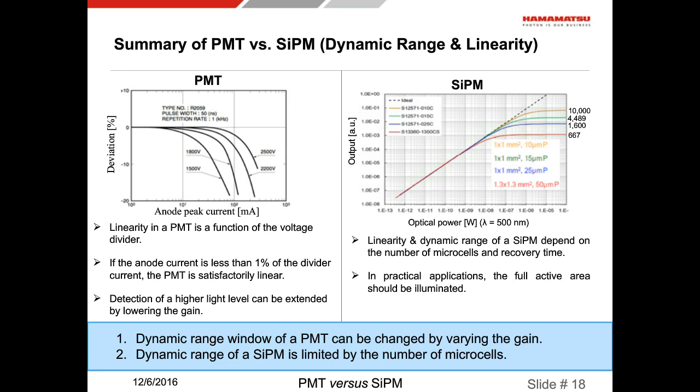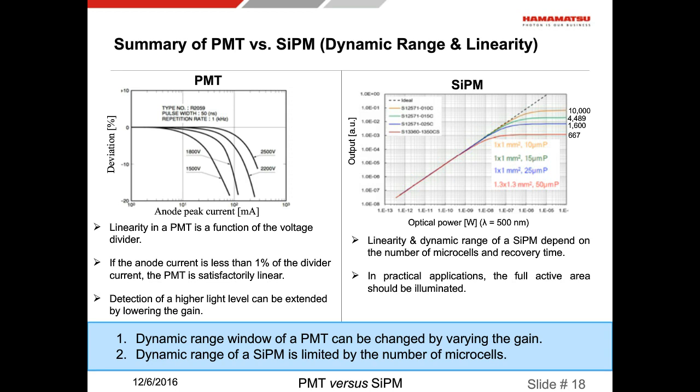In the case of SiPMs, linearity is limited by the number of microcells and the duration of recovery time. On the plot, we see the output in some arbitrary unit as a function of input power. You may think of this as the input number of photons. The ideal behavior is shown by this black dashed line.